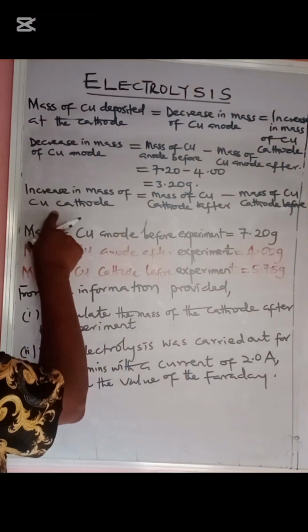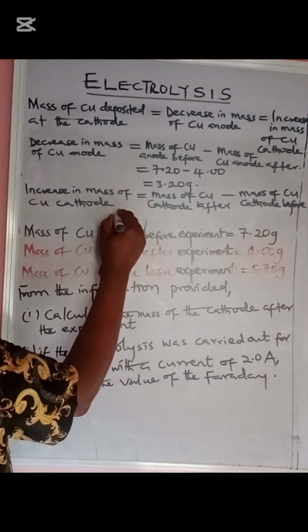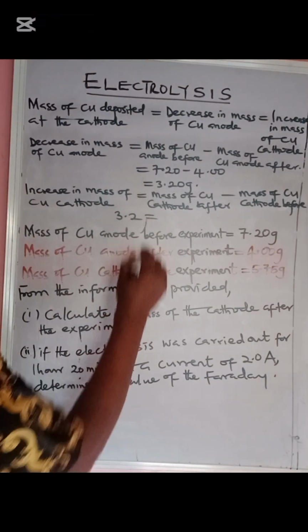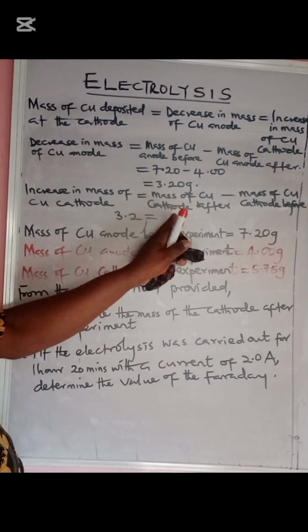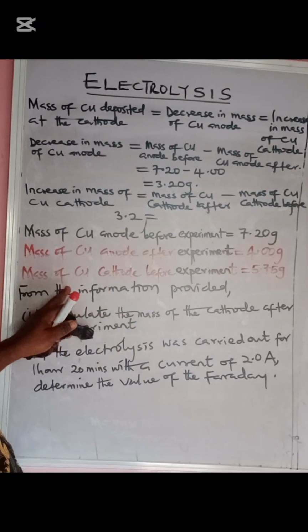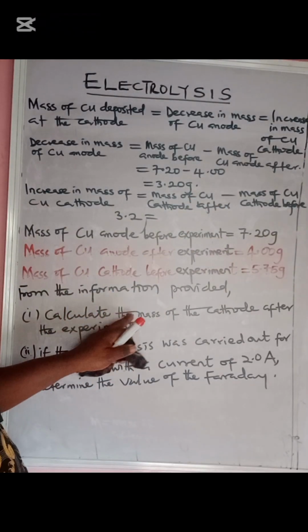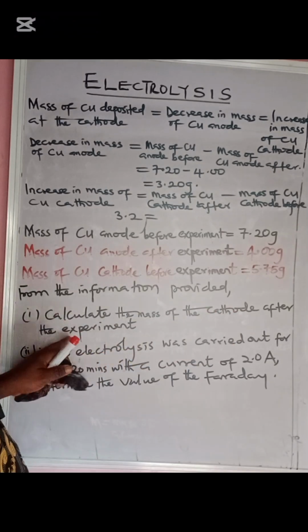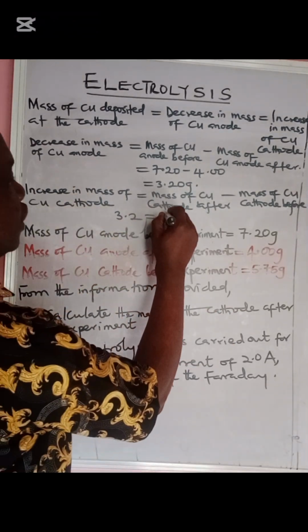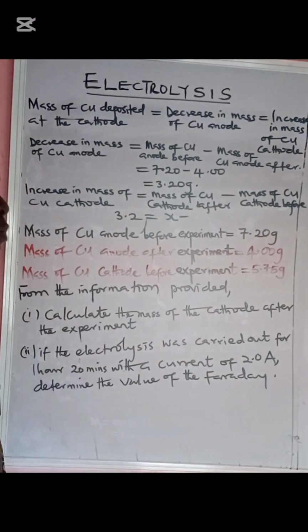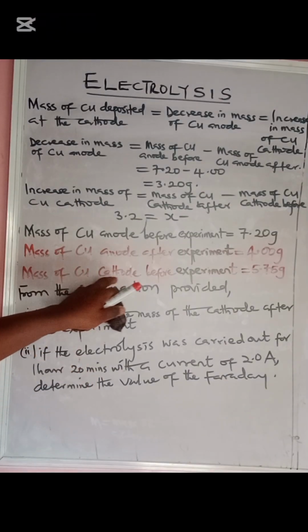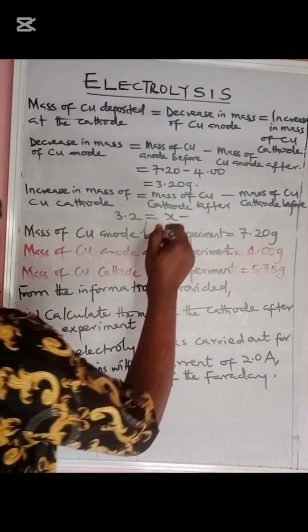So the increase in mass is written as 3.2 is equal to mass of copper cathode after. The mass of the cathode after is what we don't know, so let me call it X, minus mass of copper cathode before the experiment, which is 5.75.